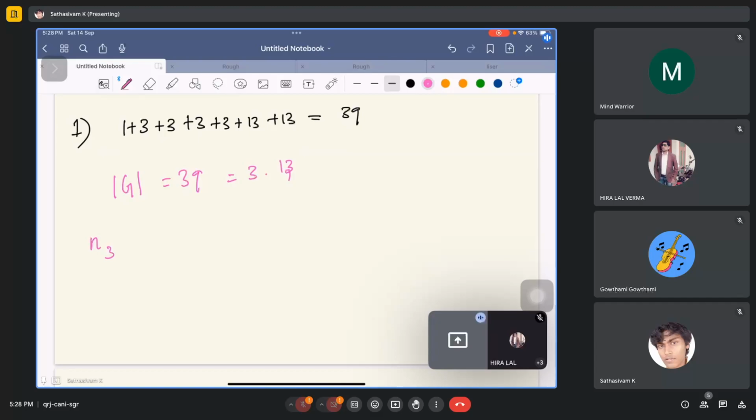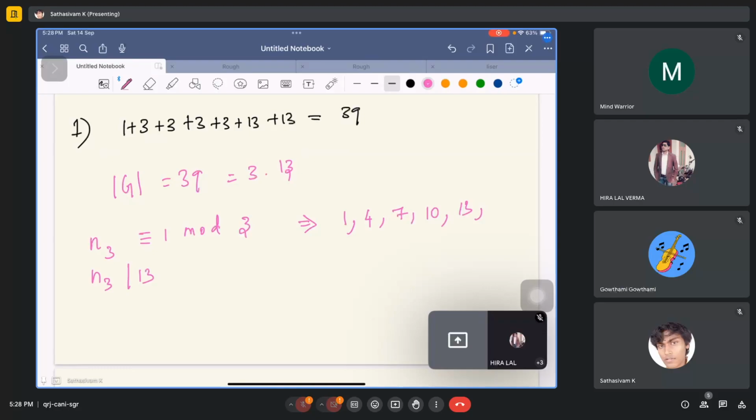So what we know is n3 is congruent to 1 mod 3 and it has to divide 13. So what does this imply? This is congruent to 1 mod 3, which means it can be either 1, 4, 7, these are the numbers that are congruent to 1 mod 3, 10, I think, and then 13.